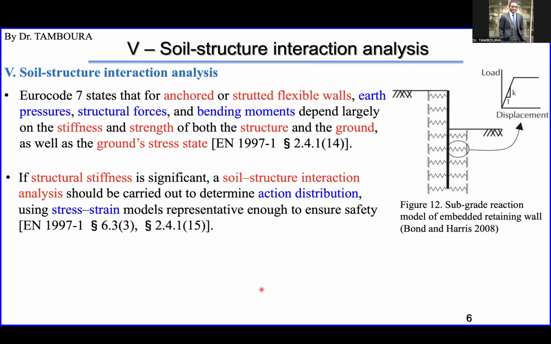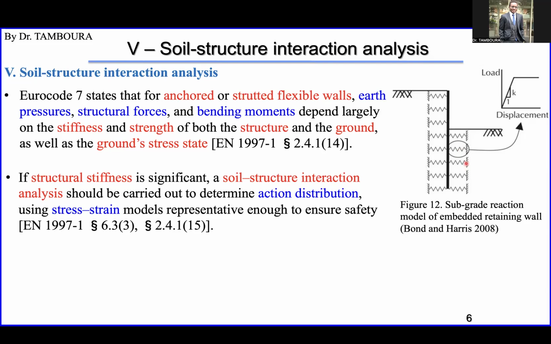Eurocode is saying that if you have an anchored or strutted flexible wall, earth pressure, structural forces, and bending moment depend largely on the stiffness and strength of both the ground and the structure, and also the ground stress state.